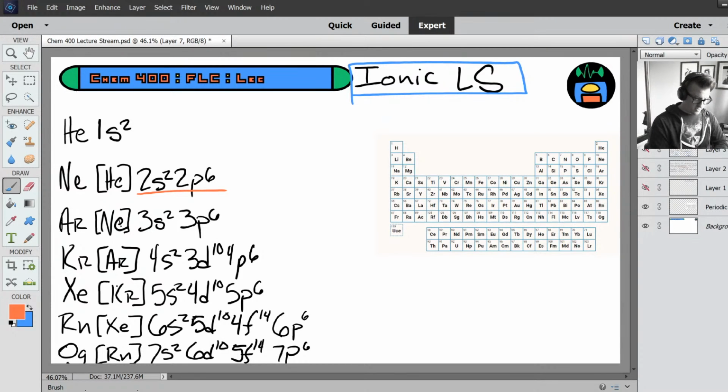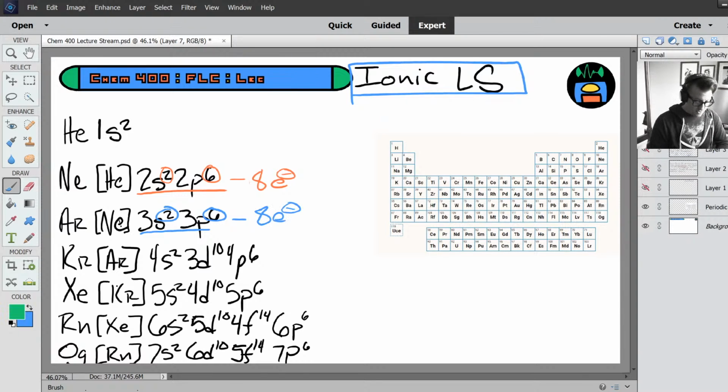When you look at the highest energy shell for your noble gases, for neon, it's the second energy level. You've got 6 plus 2, 8 valence electrons. If you look at argon, it's the third energy level, third shell, 8 valence electrons.